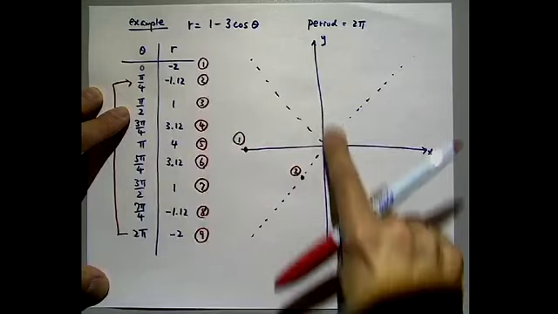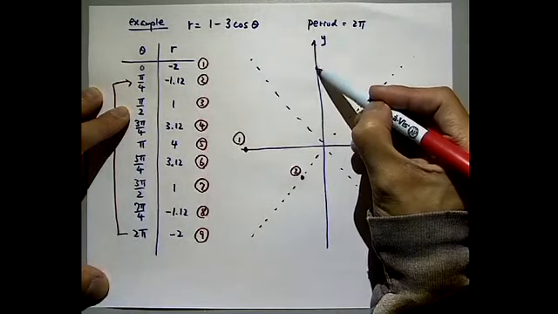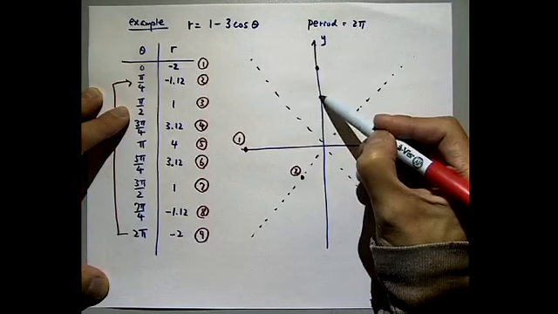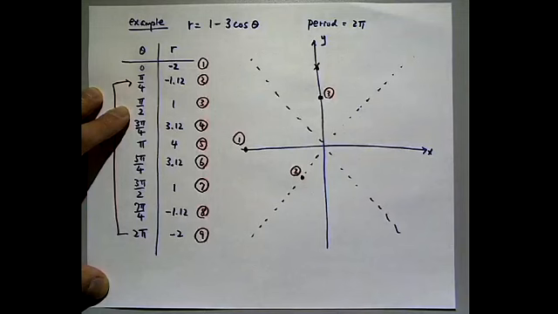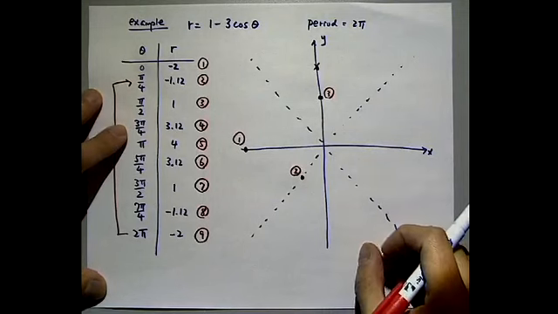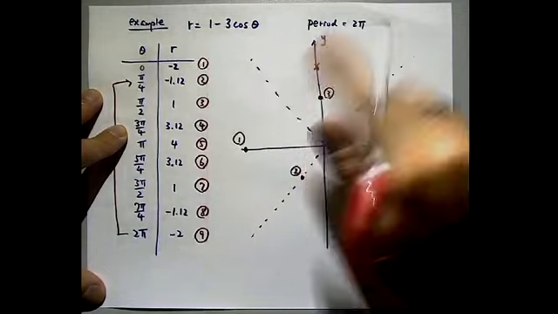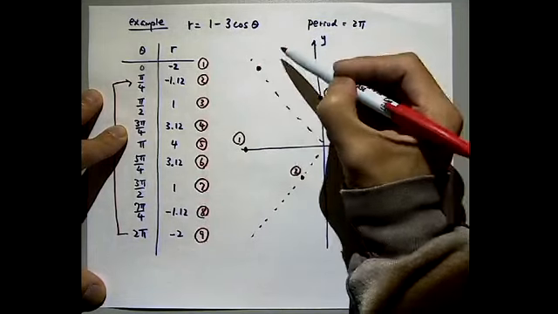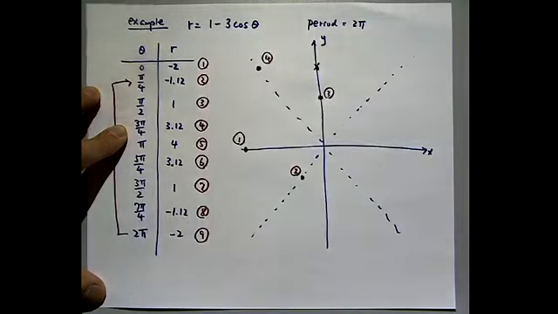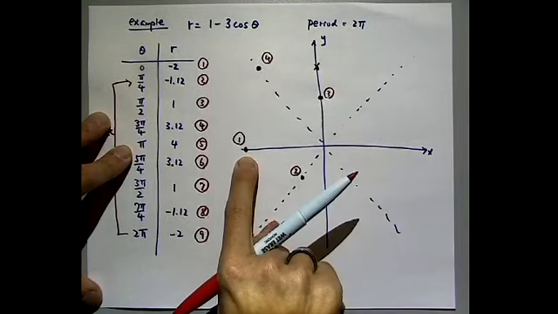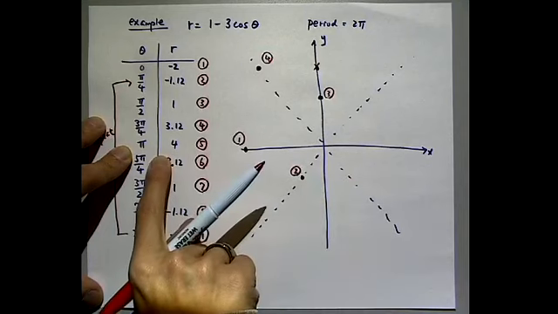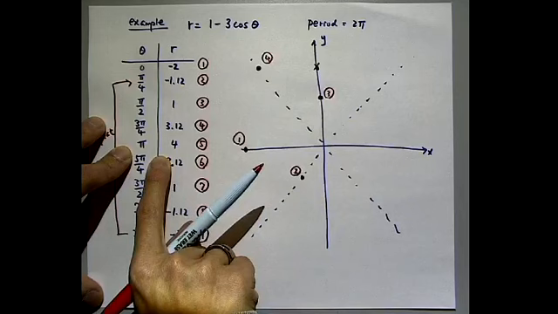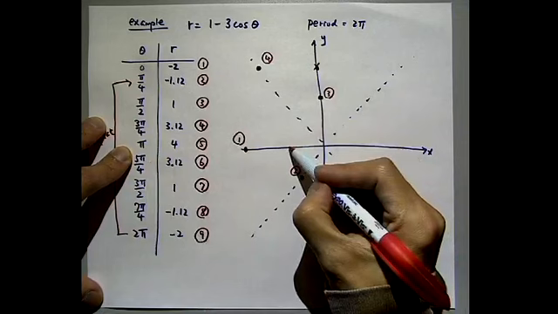Pi over 2, 1. Let's do 1 here. That's 3. Then 3 pi over 4, 3.12, way out here. That's 4. Pi is 4. Oh, I need more room. I got it.